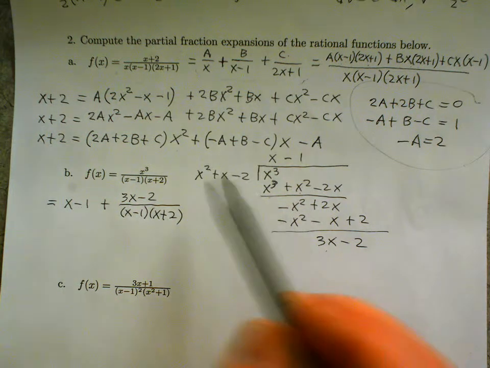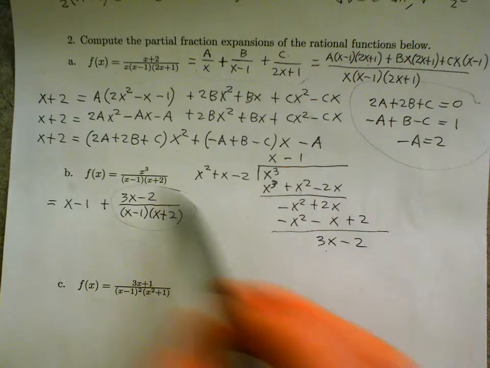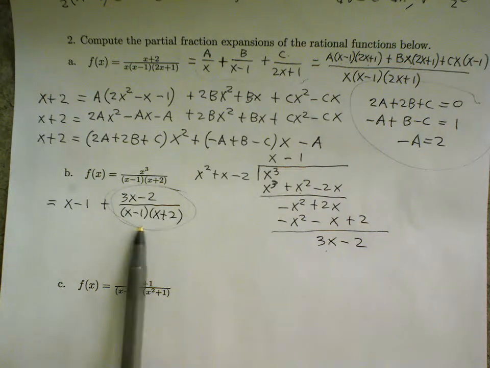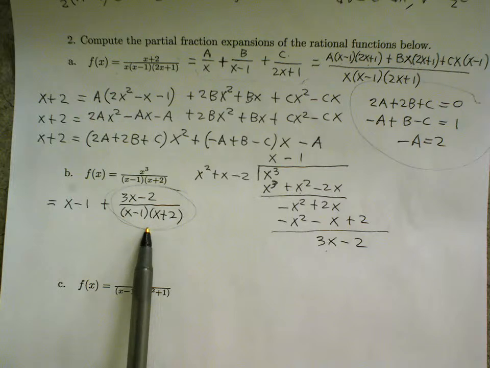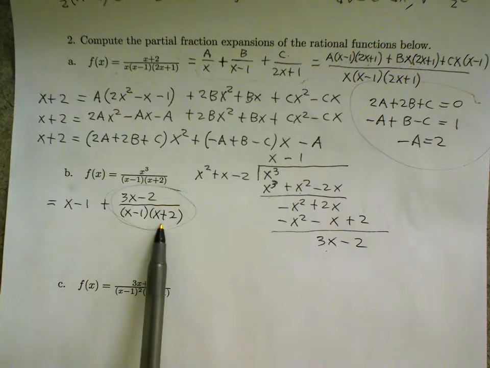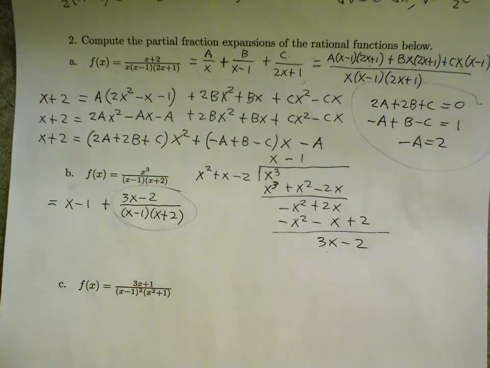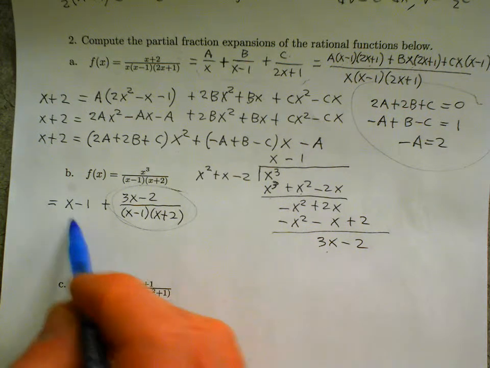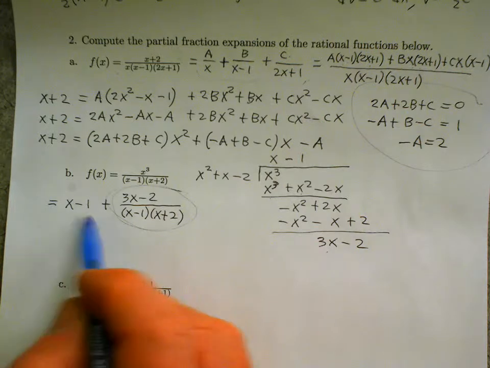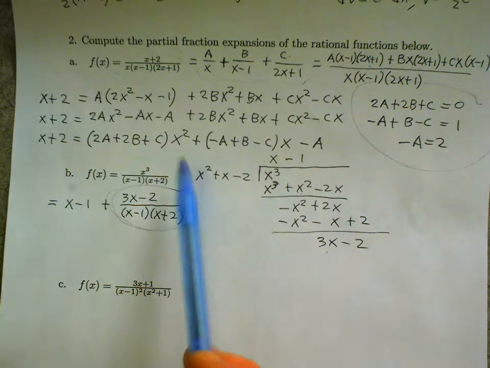Okay, then we want to find the partial fraction expansion for this, the 3x minus 2 over x minus 1 times x plus 2. So we'll do that separately. Just remember that in the final answer, this x minus 1 is part of the expansion.